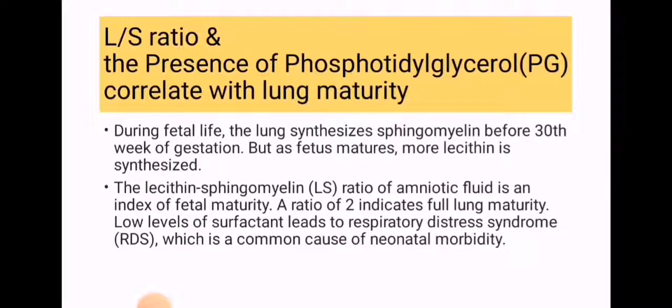So the LS ratio of amniotic fluid is an index of fetal maturity. A ratio of 2:1 indicates full lung maturity, whereas lower levels indicate prematurity. As I told previously, low levels of surfactant can lead to RDS, which is a common cause of neonatal morbidity.